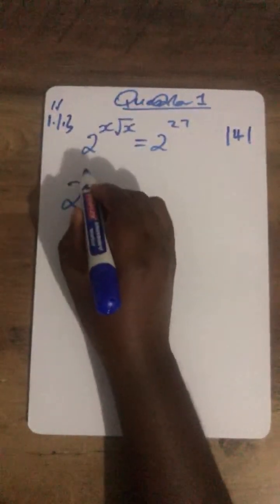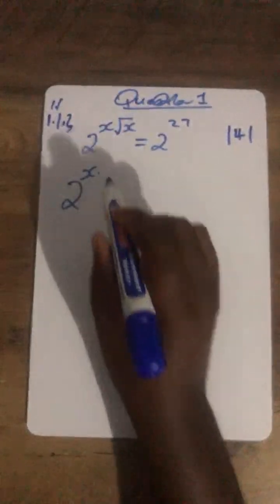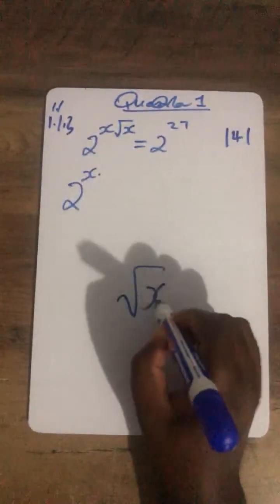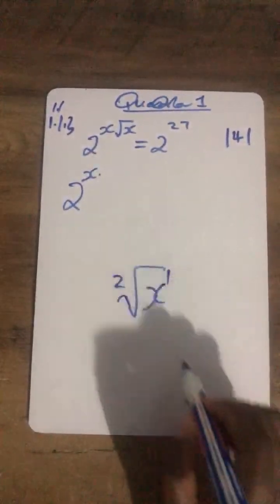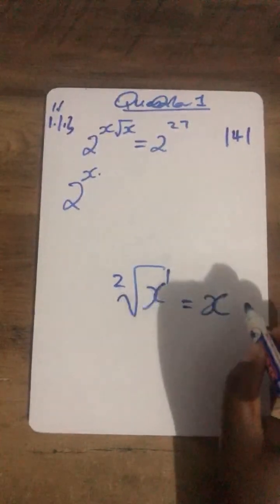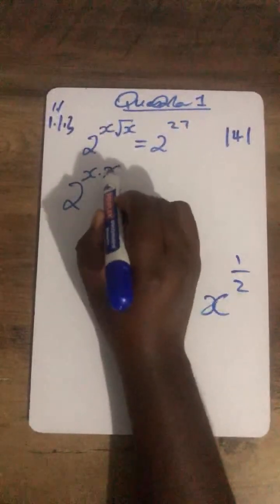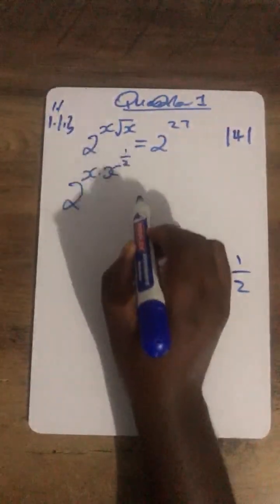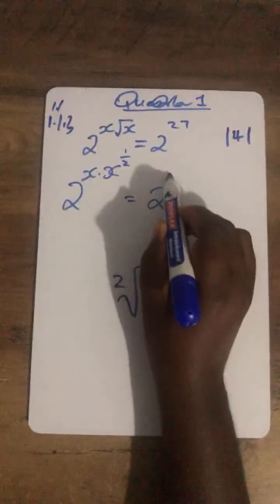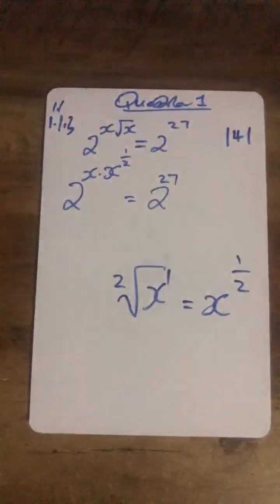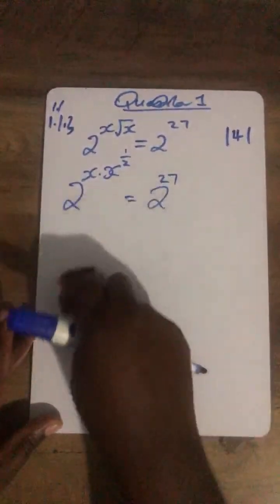Let's say, for example, 2 to the exponent x multiplied by the square root of x. We know when we have a square root of x, there is an invisible 2, so that means this thing is the same as 1 over 2. So don't be surprised when I say x to the exponent 1 over 2, which is equal to 2 to the exponent 27.